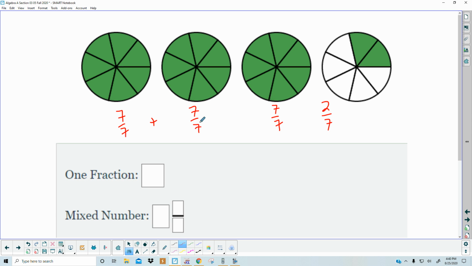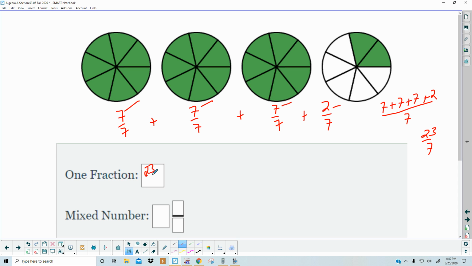When you're going to add fractions, you ignore the denominators and just take care of business in the numerators. These are the numerators. So I've got 7 plus 7 plus 7 plus 2 over 7 on the bottom. There's 14 and 21 and 2 make 23 sevenths.